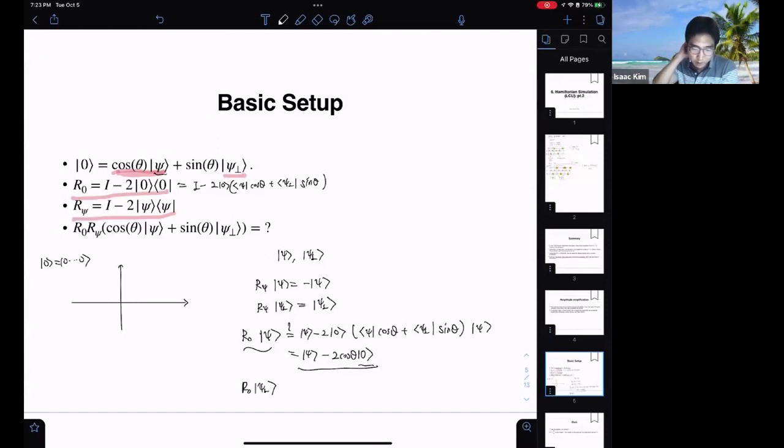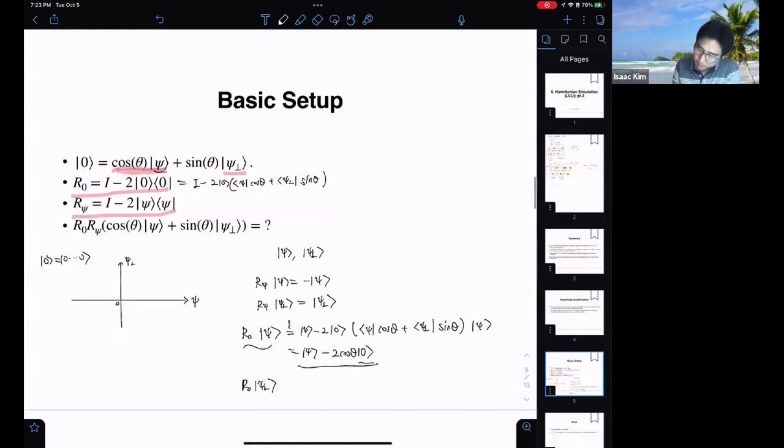And because these 2 vectors, psi and psi perpendicular, are orthogonal to each other, and their amplitudes are always real, we can express the state of the system on this plane. So these two axes correspond to these two different states. And viewed this way, we can interpret this R0 and R psi geometrically.